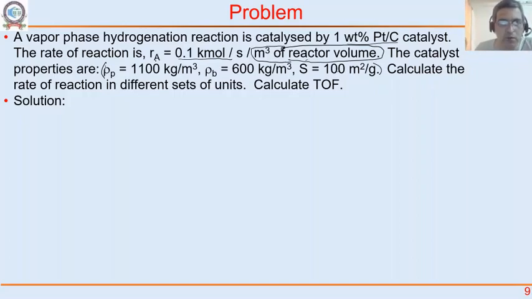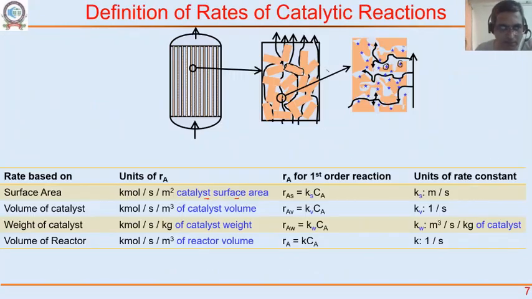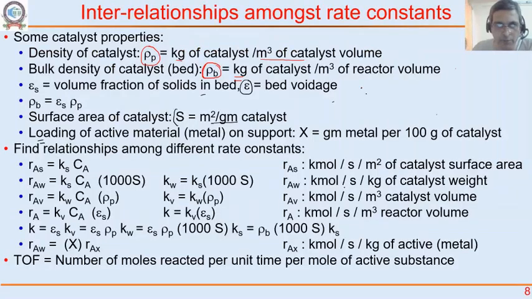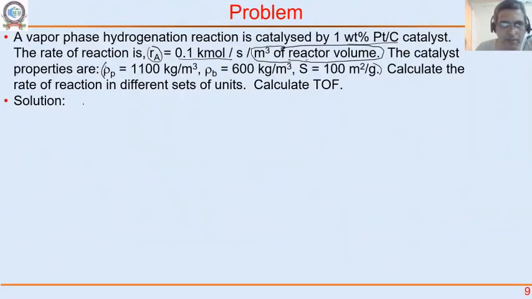So what is this RA now? This RA is the rate per unit reactor volume. That means in terms of our nomenclature, it is this RA. Now suppose I want to calculate all these other things. I want you to calculate RAS, RAV, RAW, and also the turnover frequency.